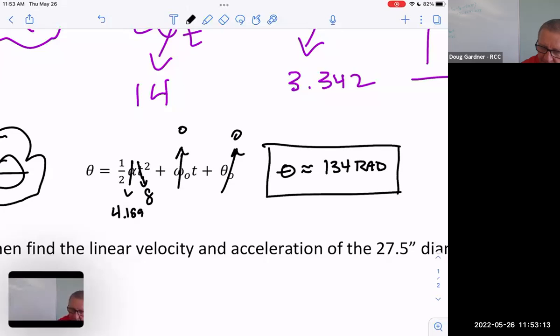I won't write this down, but if you take 134 and divide by 2 pi, that's 21.3 laps. So that means the wheel, again, this is important because it's not just where is it, it's how many times did it rotate to get there, because that rotation is you moving down the road.